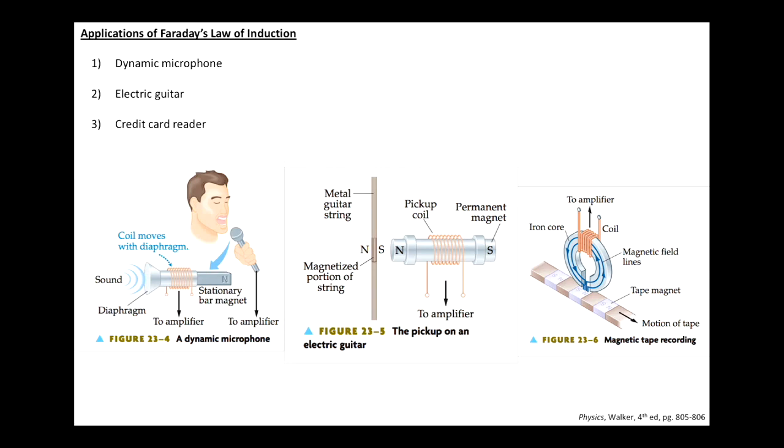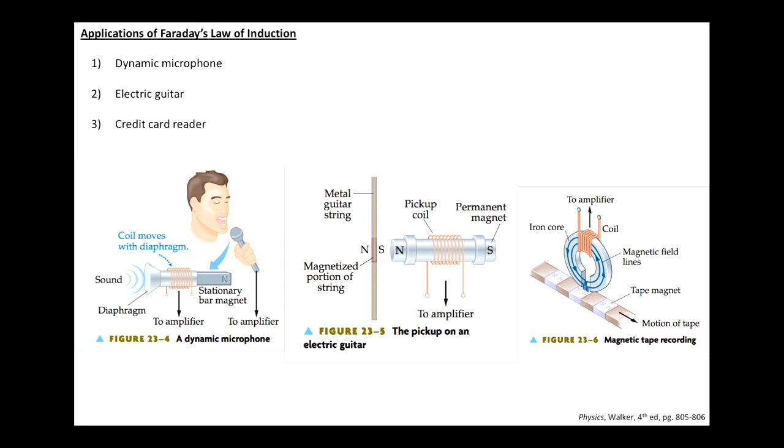Okay? What is essentially happening in the case of a microphone is you can see that there is a very light cone that is connected to the loop, and this can move back and forth over the stationary magnet that's there. So if the sound waves come in, they vibrate that cone with a pattern that matches the incoming sound waves, and then that coil of wire is going to move with small movements back and forth on the magnet, which means there's a changing flux that's happening with a very specific pattern.